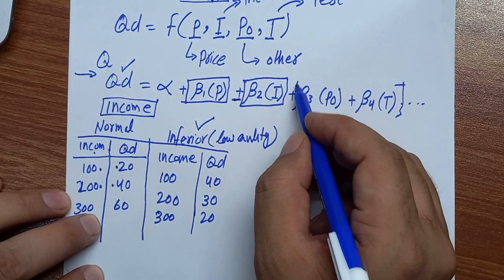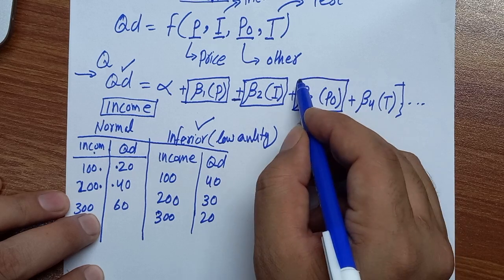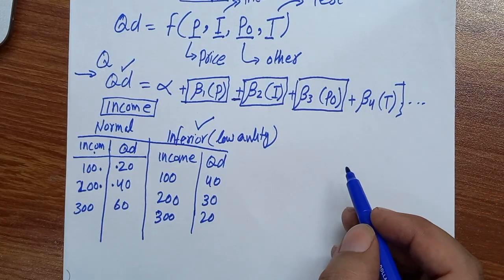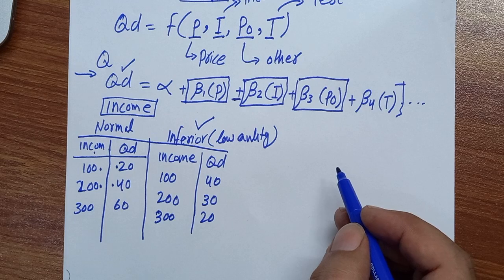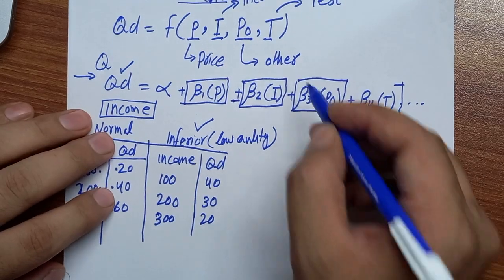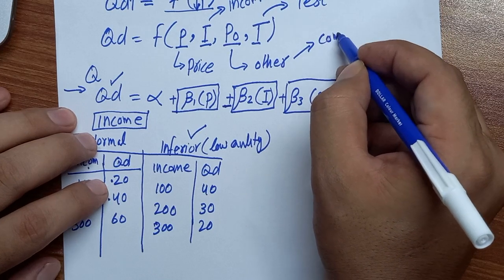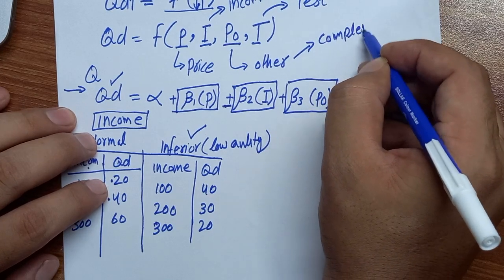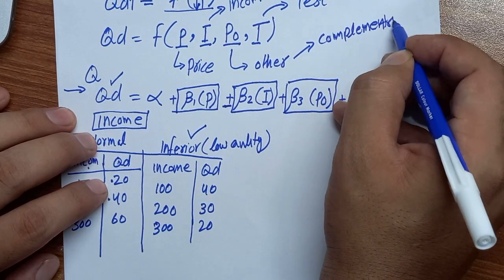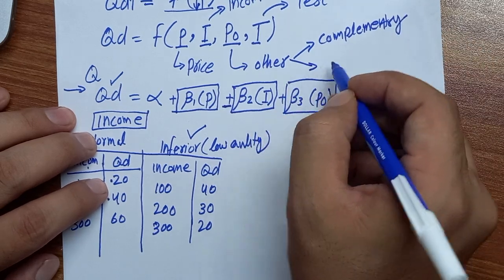Now we have the third factor, which is the price of the other product. The price of the other product may be two types. It can be complementary and it can be substitute.